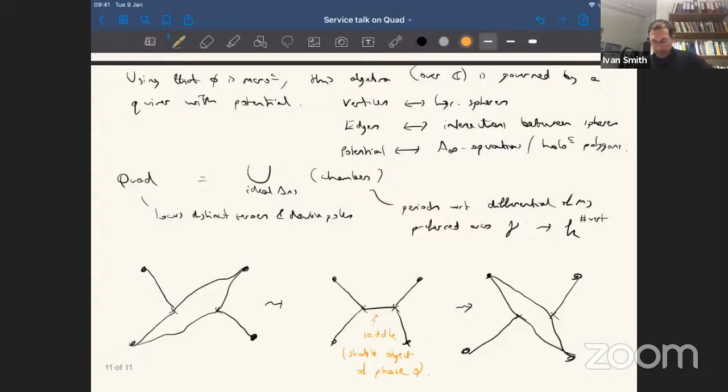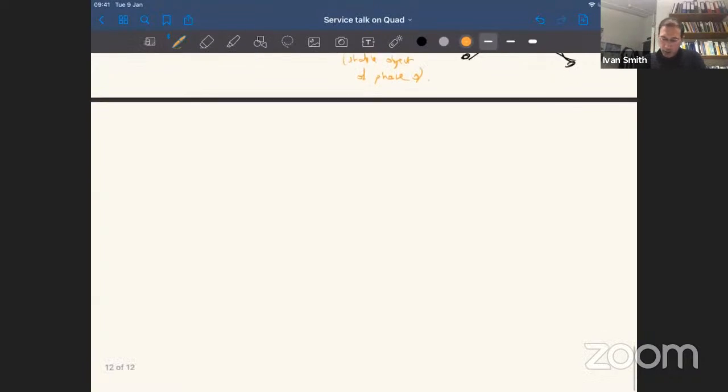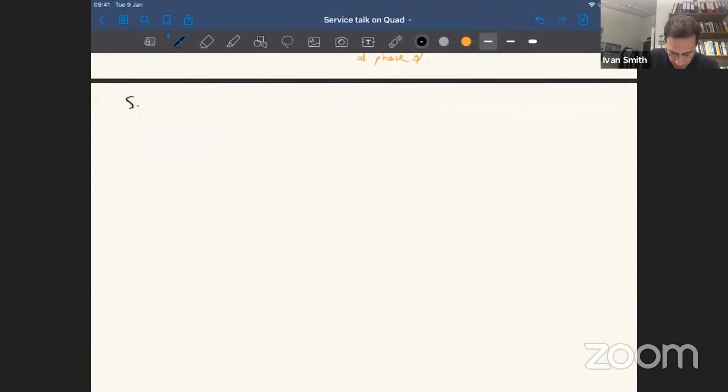So let me come back to this special example I mentioned earlier, which is where we allow higher order poles.